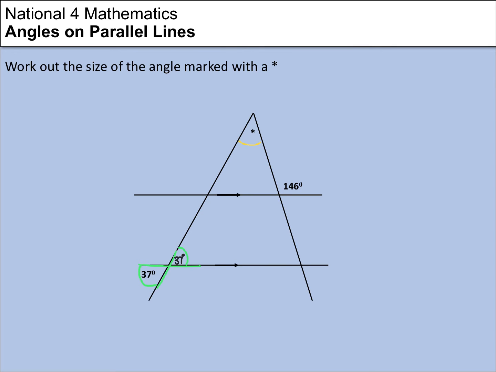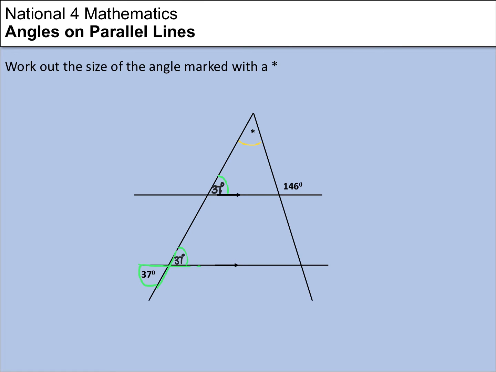Not yet, but again, I'm going to draw a wee pillow in for my wee man in his bunk bed. And if I do that up here, because the lines are parallel, their pillows are both at 37 degrees. So I've got my first angle for the triangle.